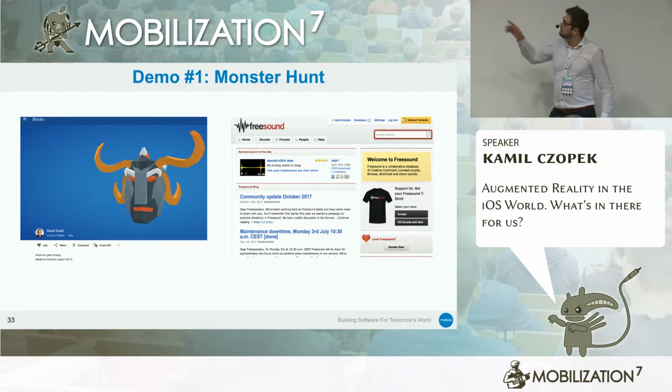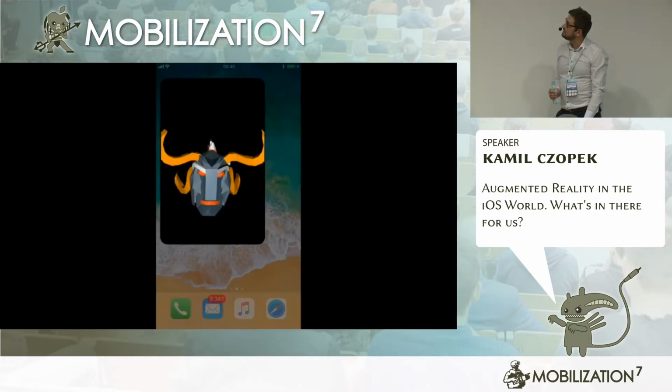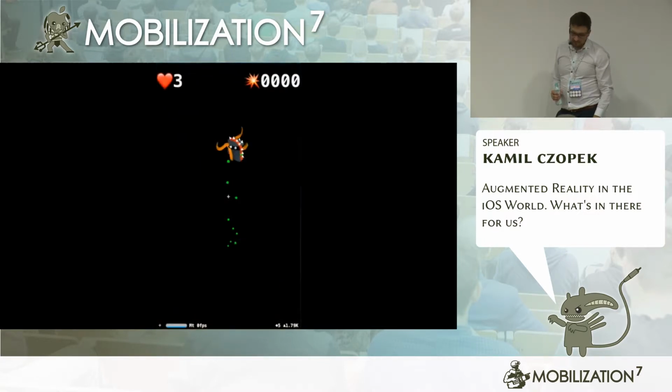For this demo, I took some stuff from the already mentioned Google Docs, and I did use some sound effects. I just play them when it's time for that. I call it Monster Hunt.